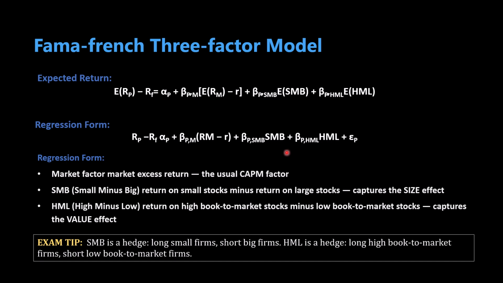So it captures the value effect. Conceptually, this model says that asset returns are influenced not only by broader market exposure, but also by whether the asset behaves like a small cap or a large cap stock, and whether it behaves like a value stock or a growth stock.